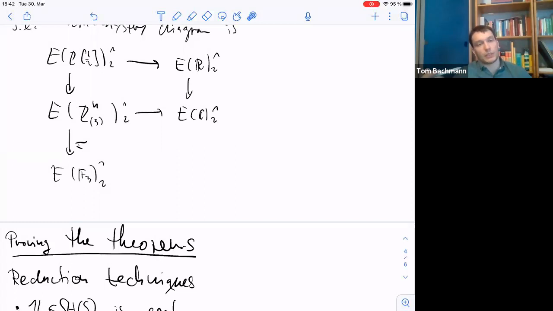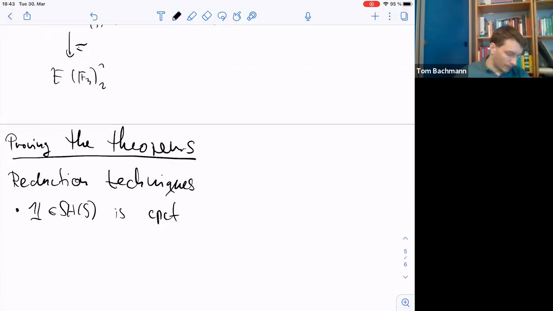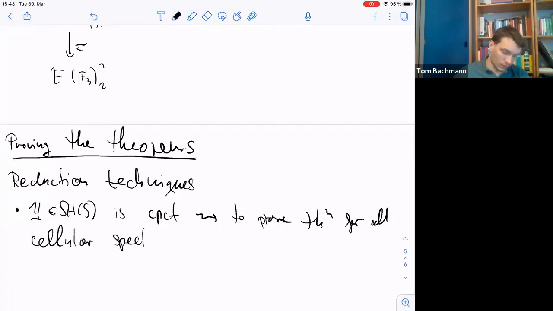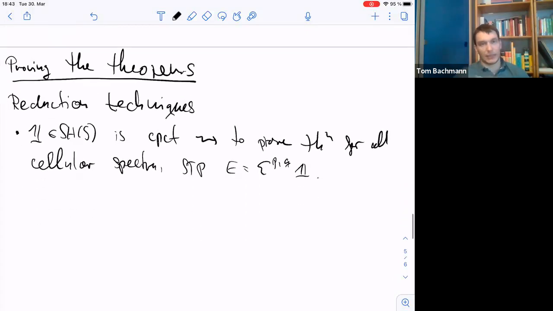And what this means is that if you want to prove it for the entire localizing subcategory, you only have to prove it for the generators. So to prove the theorem for all cellular objects or spectra, it suffices to prove the case E equals one of these cells, Sigma^{p,q} 1. All right, so that's technique one. So I can prove it for the sphere, basically.